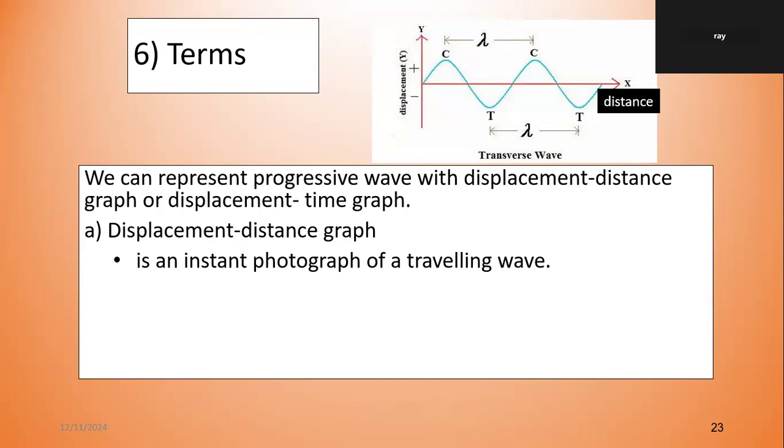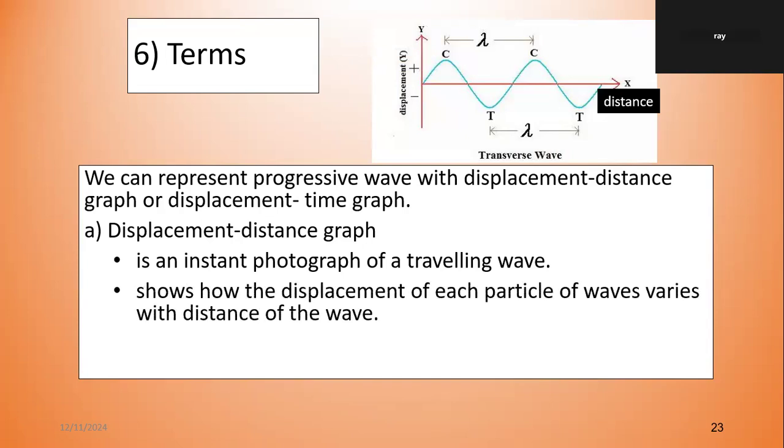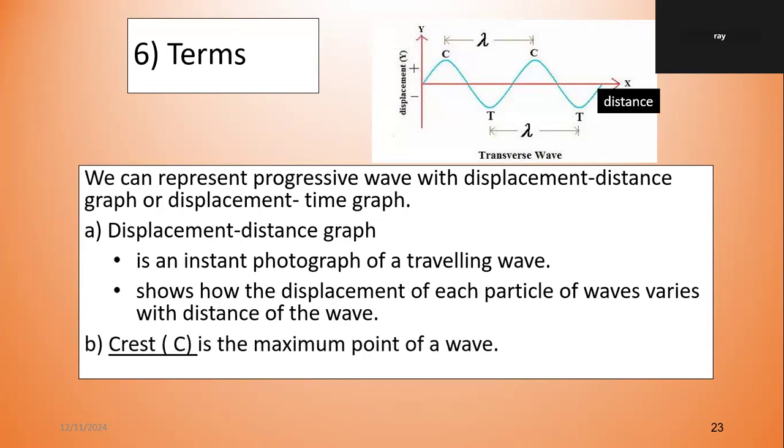That means we take a picture of the wave as it travels forward, so it's a frozen picture of the wave. It shows how the displacement of each particle of the wave varies with distance along the wave. It's called the crest, the maximum point.